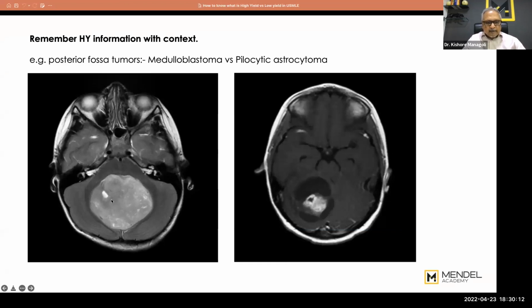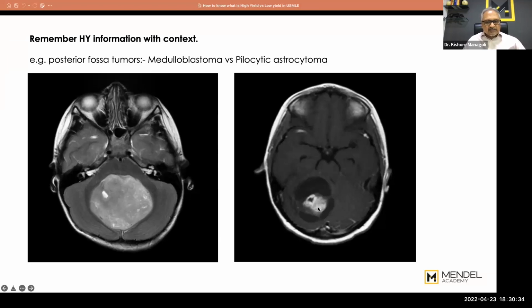Now, if you see the density of this tumor, this is a medulloblastoma and this is a pilocytic astrocytoma. Now, the pilocytic astrocytoma, you can see, has two components. There is a dark area and there is a white area. The dark area is the cystic area, which is not seen in a medulloblastoma.